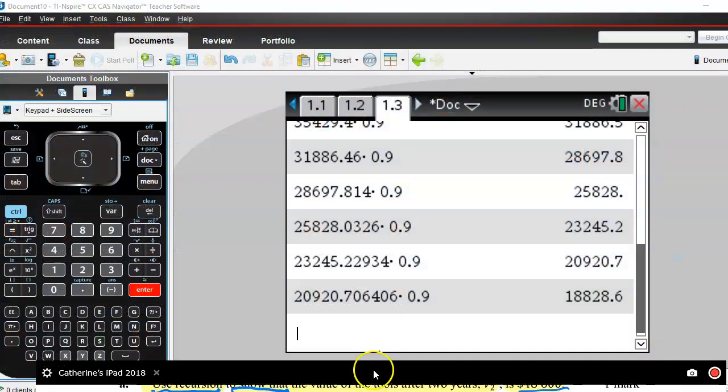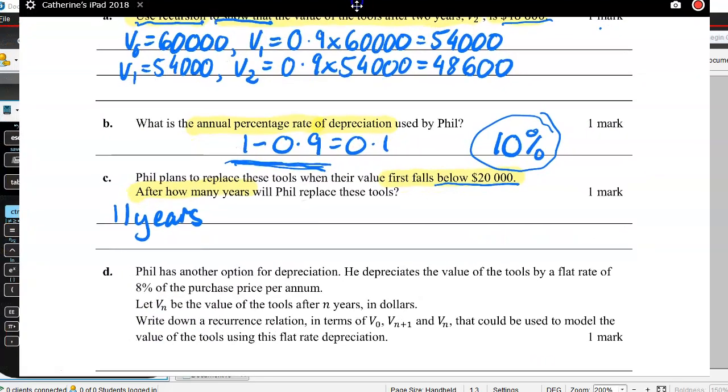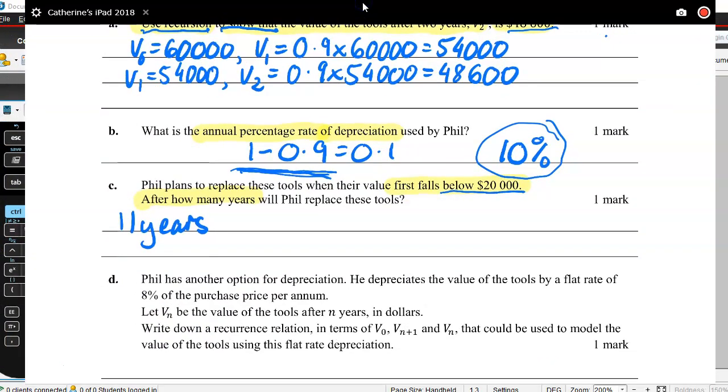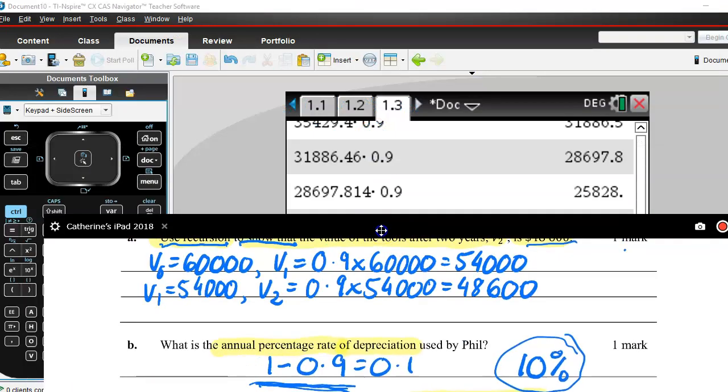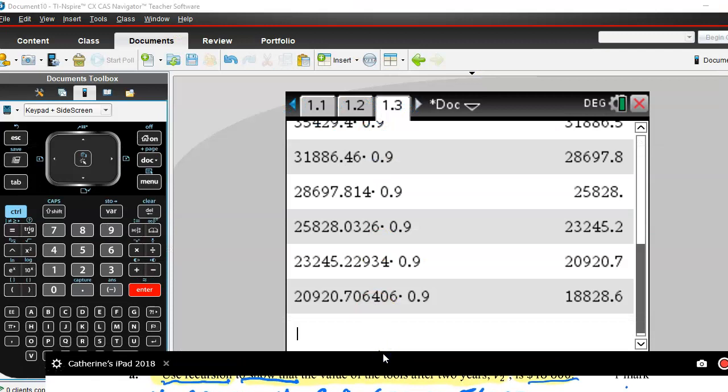Okay. So that's one to really look at when you're looking for these, that if you're using something like a solve, I'll go back up.